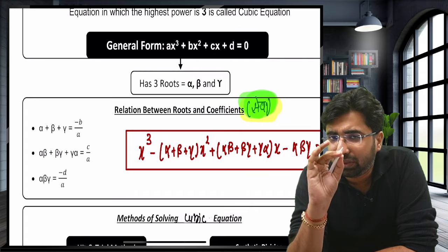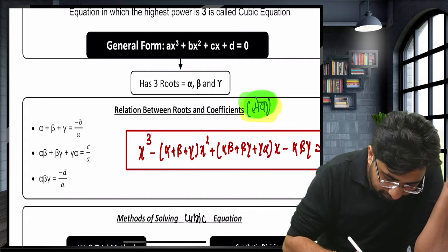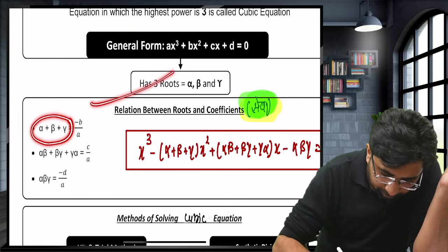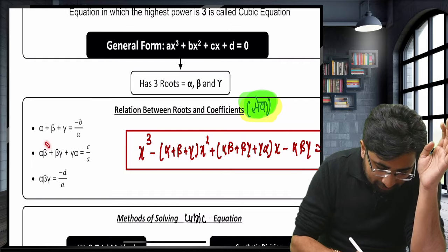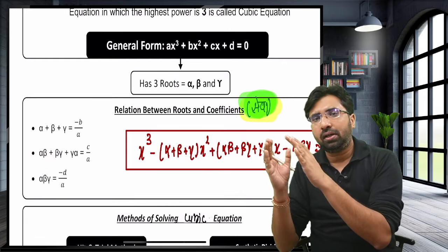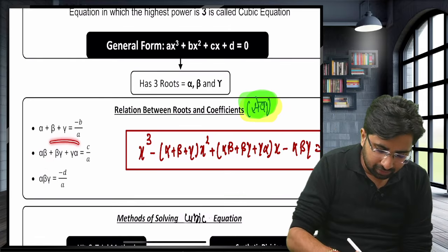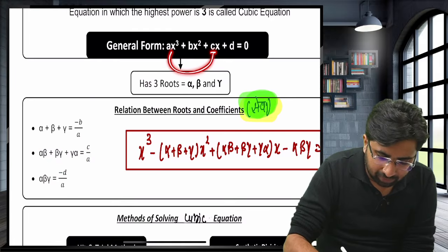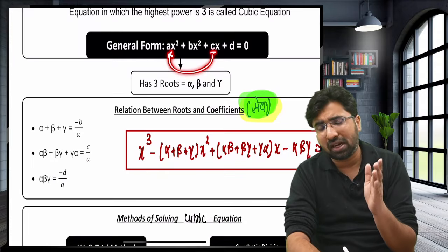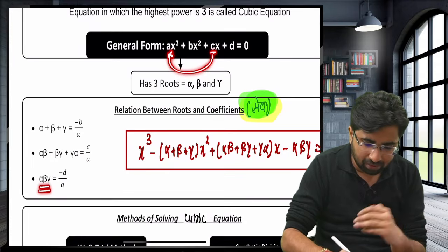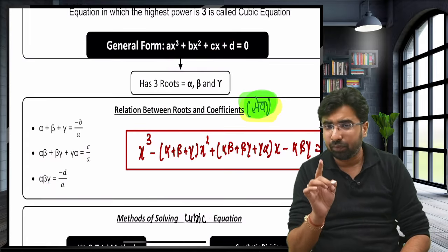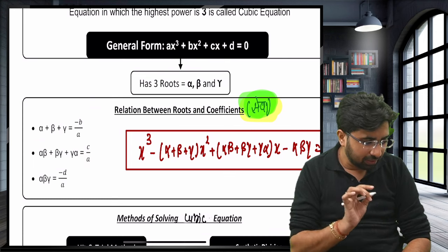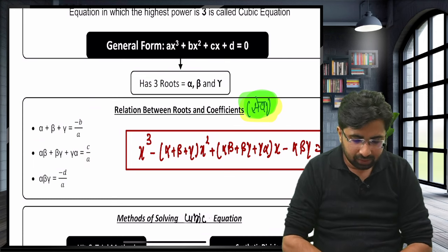Cubic will have three roots. So alpha plus beta plus gamma is minus b by a. Alpha into beta, beta into gamma, gamma into alpha, I say this is cyclic. This is c by a. Last part, alpha, beta, gamma is minus d by a. Minus d by a, not d by a.